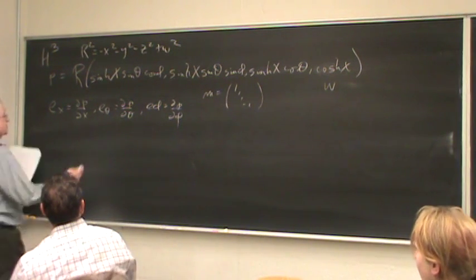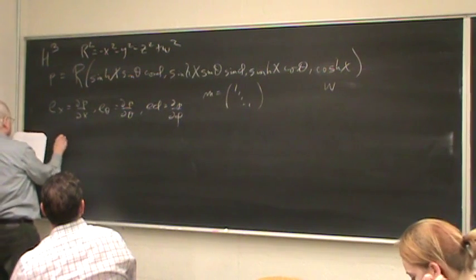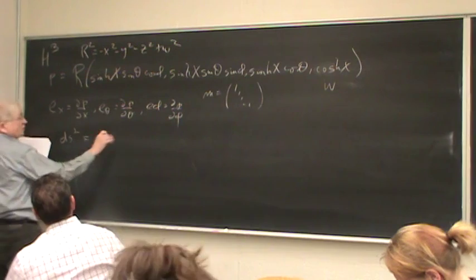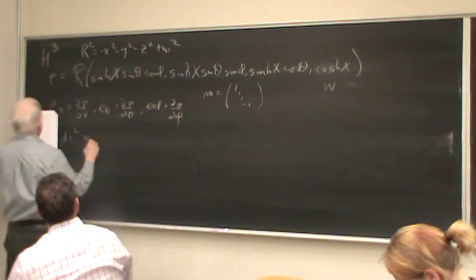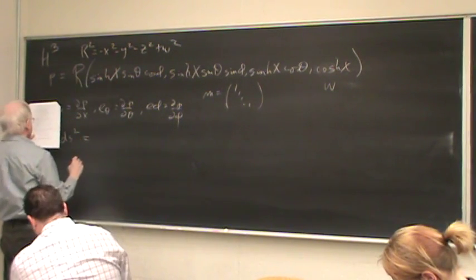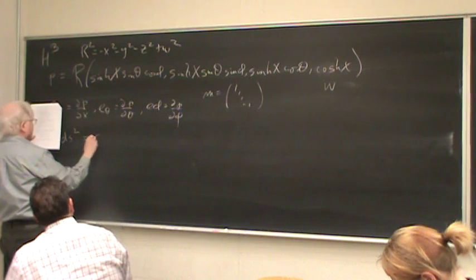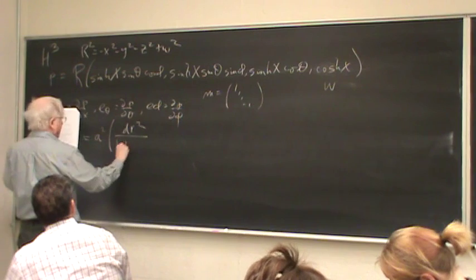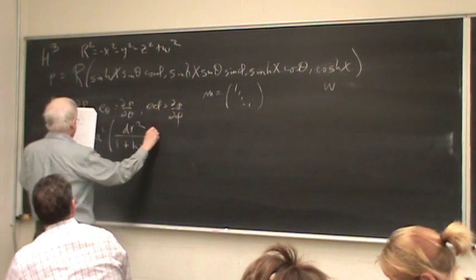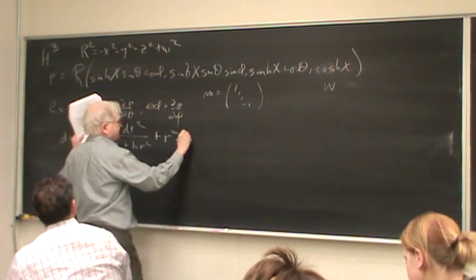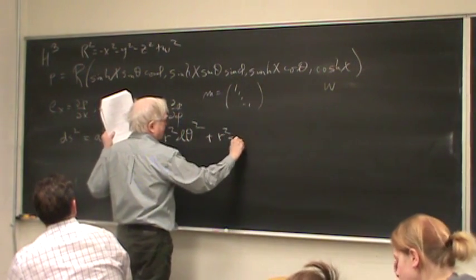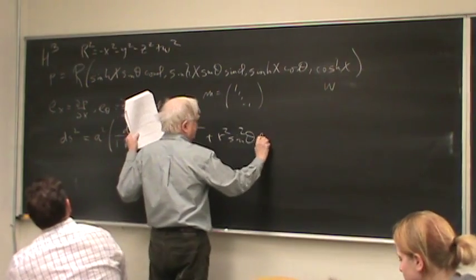Okay, if we now go through all the arithmetic, what we get is ds squared with this metric, for points which lie on that hyperboloid. We get a squared dr squared over 1 plus kr squared plus r squared d theta squared plus r squared sine squared theta d phi squared.